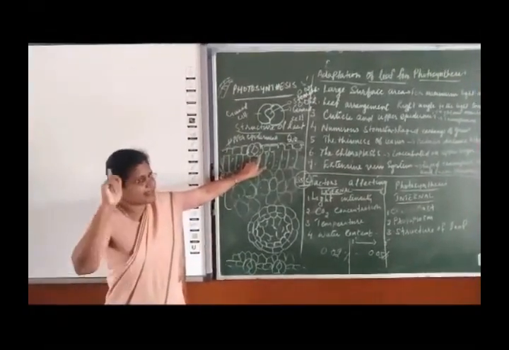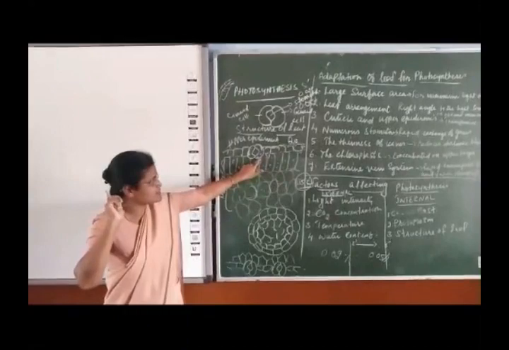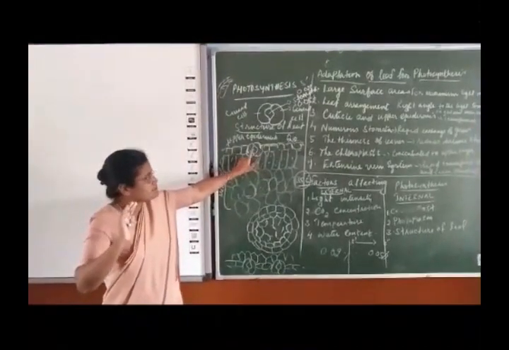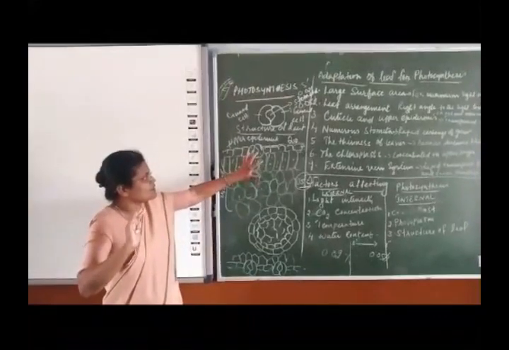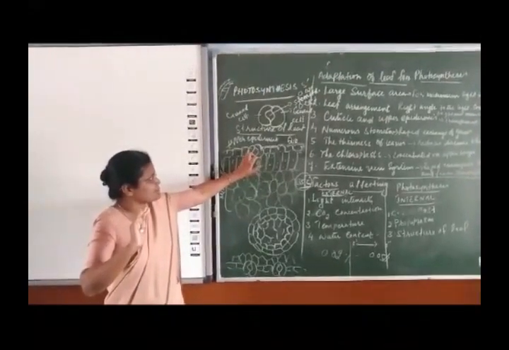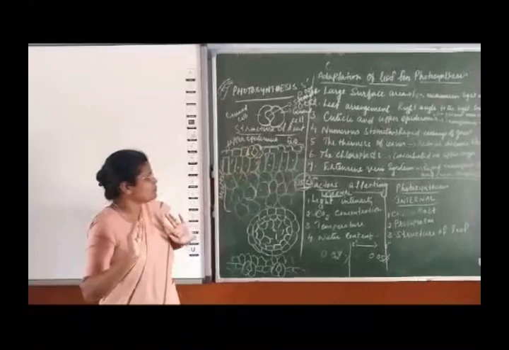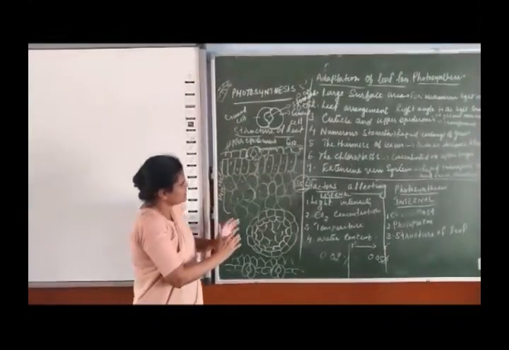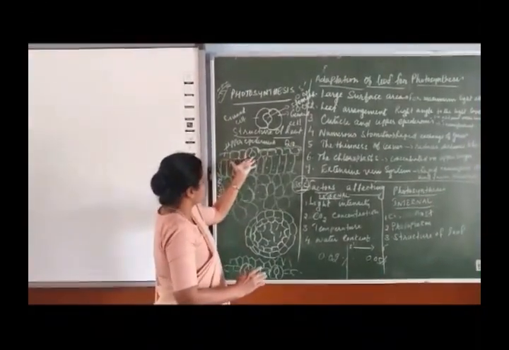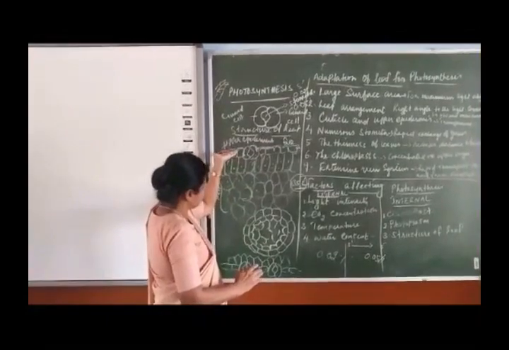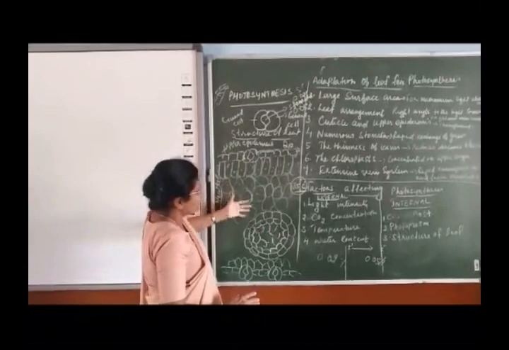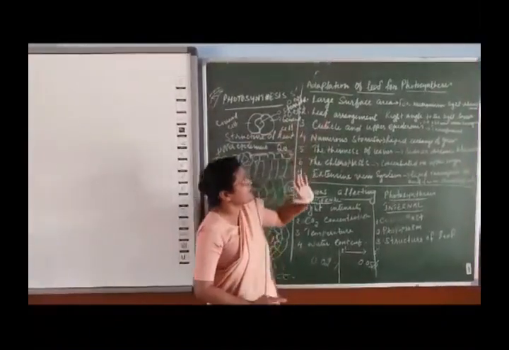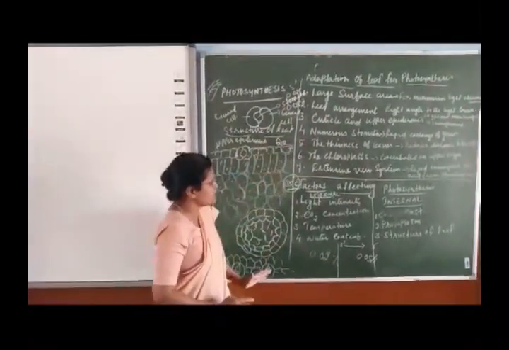You have to remember this when we get back to the osmosis chapter, how the stomata opens and closes based on the photosynthesis taking place and starch being prepared here too. Then we said there is an epidermal cell, a stomata, and a cuticle which is waxy in nature, transparent, and enhances the entry of light. Then we learned about the adaptation of leaf for photosynthesis, and we have 7 points over there.